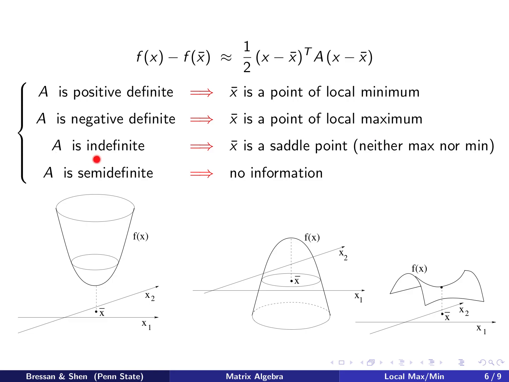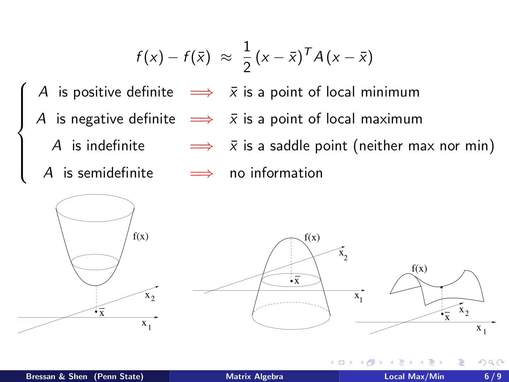And if A is indefinite, meaning some part of it is positive and some part of it is negative, then we will conclude that x bar is a so-called saddle point, meaning it's neither a local maximum nor a local minimum.